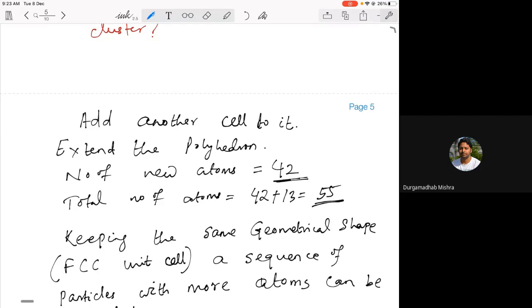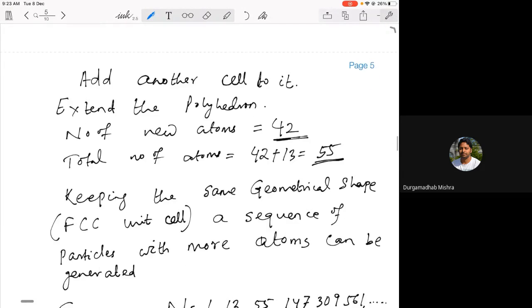So if you have the smallest cluster with 13 atoms, the next cluster will have 55 atoms, and you have created it in such a way that it keeps the cubic close packing condition intact. So you basically have an FCC lattice which is extending, and this is how you keep this FCC structure intact: 12 nearest neighbors, and you can create the next stable cluster.